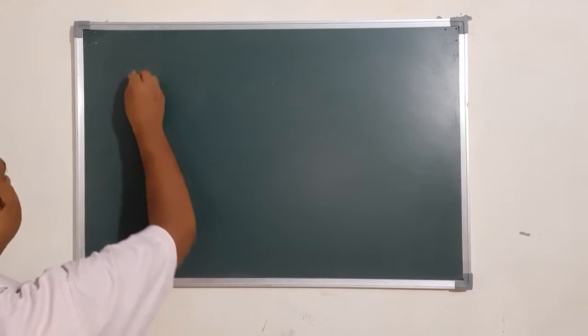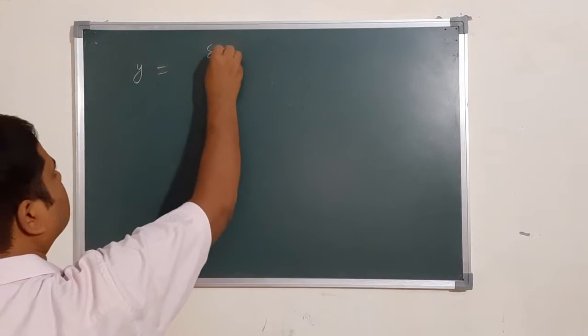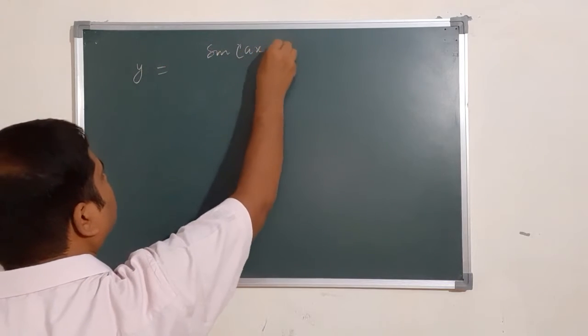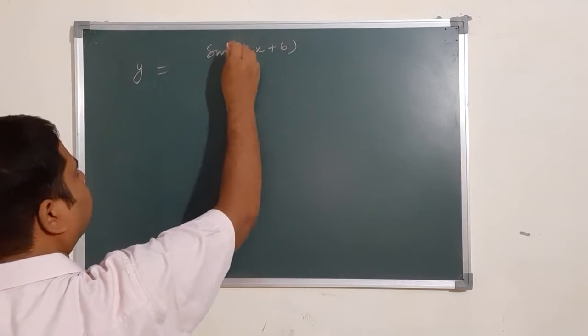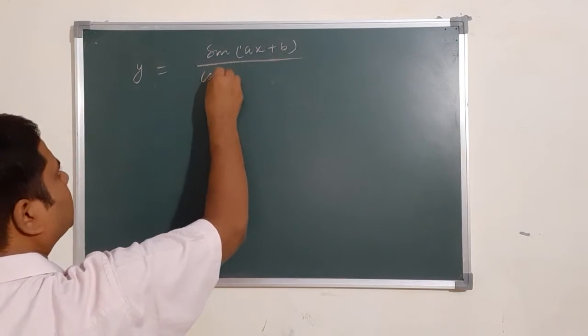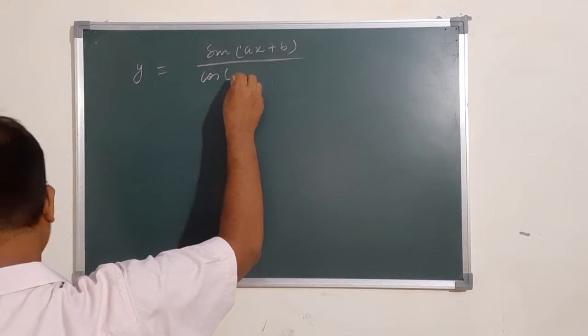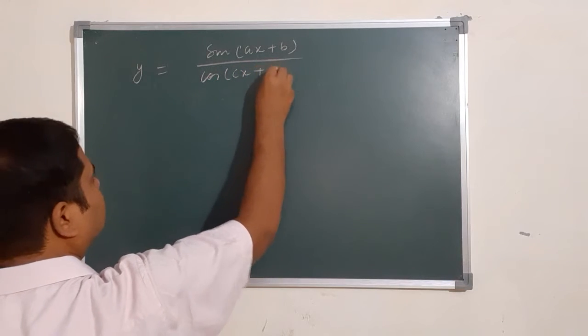y is equal to sine of ax plus b divided by cos of cx plus d.